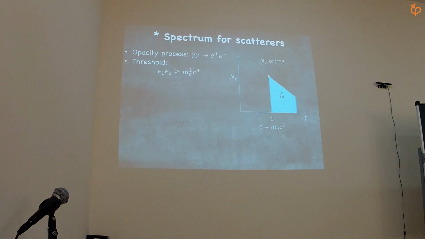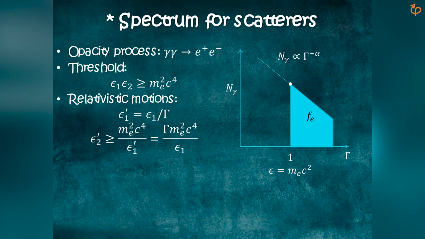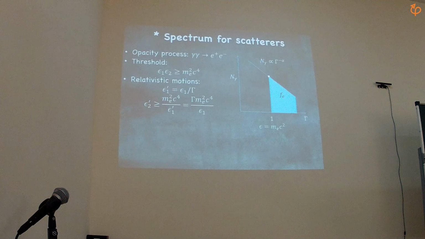So if this one is exactly me c squared, I need this one to be me c squared or larger. So Fe basically tells me the fraction of photons that can produce pairs within these blobs. Now, let us assume that this blob is moving at a velocity close to the speed of light, and the typical energy that I see is half an MeV.